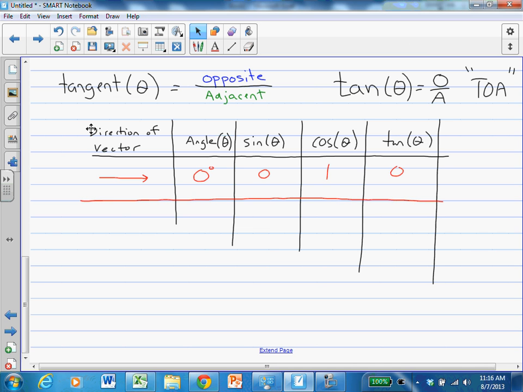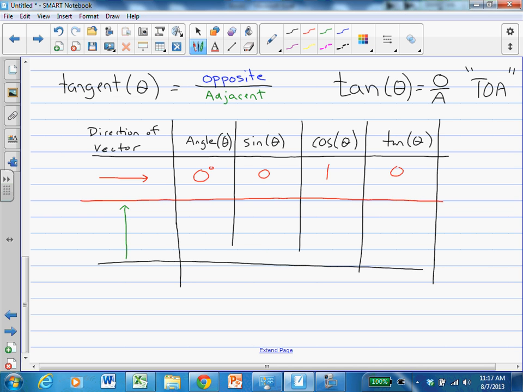Let's take one all in the y direction, at an angle of 90 degrees. Put that in there, and you would get sine is 1, cosine is 0, and tangent is not defined.